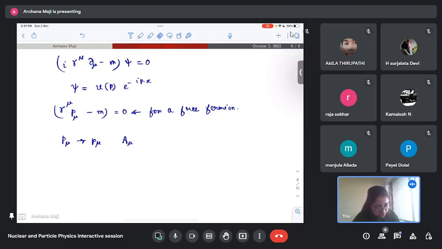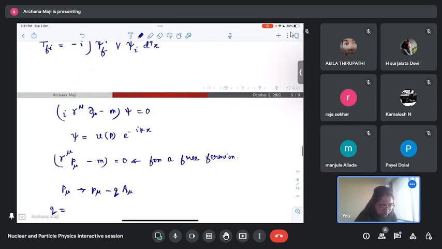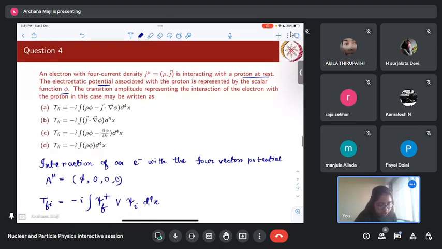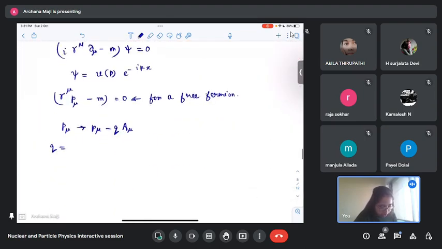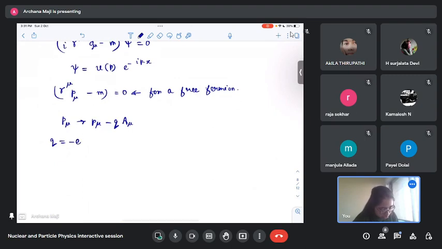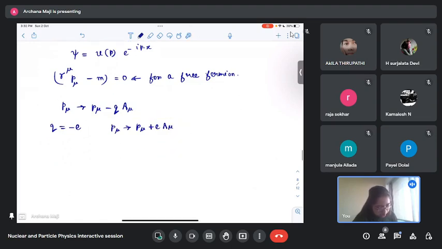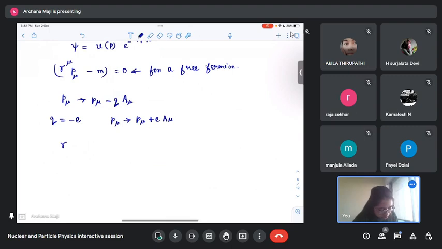So in principle this is minus Q times A, but here Q is the charge of the electron because we are considering an electron interacting with potential A mu. So P mu has to be replaced with P mu plus E A mu, and if we replace this in the Dirac equation, we get the form of that V that we need to substitute in the transition amplitude.